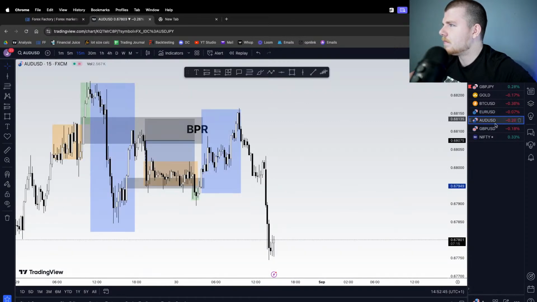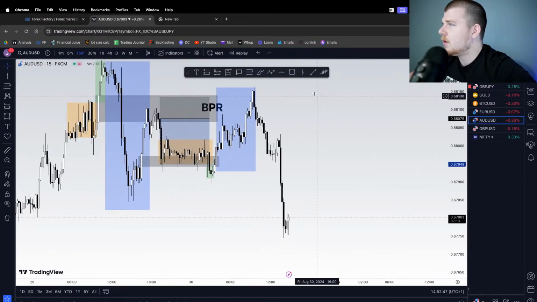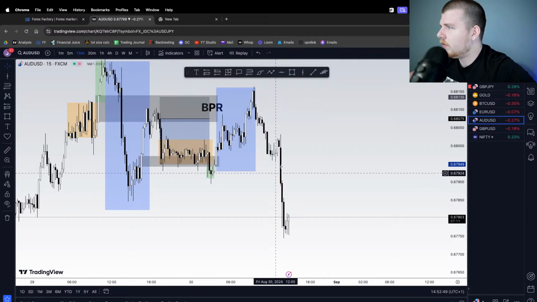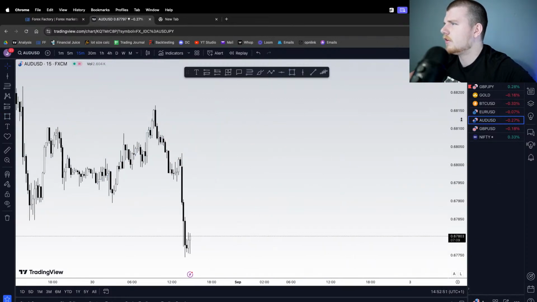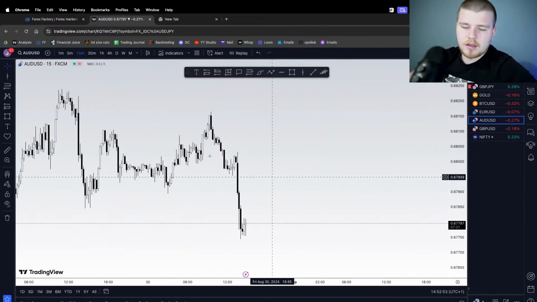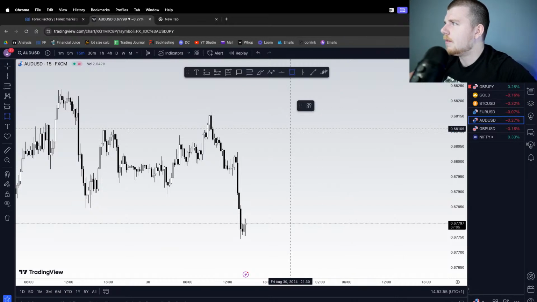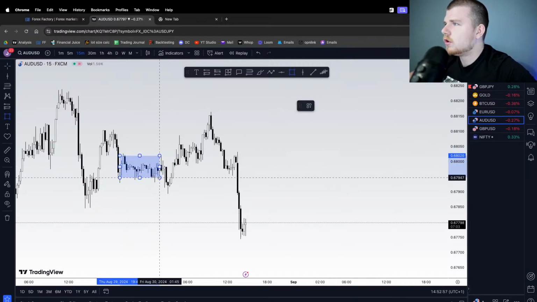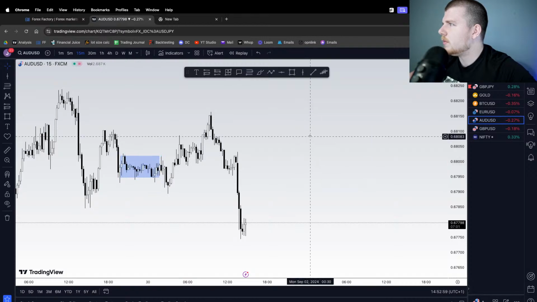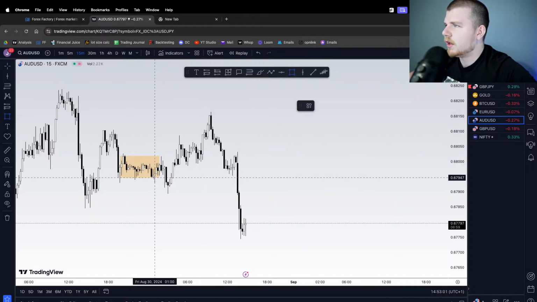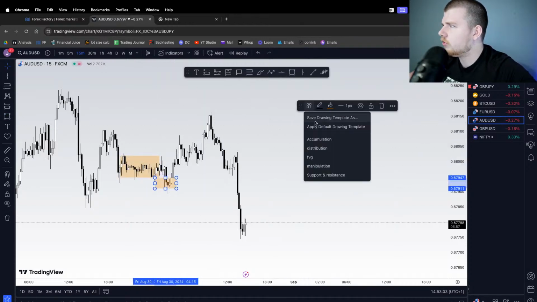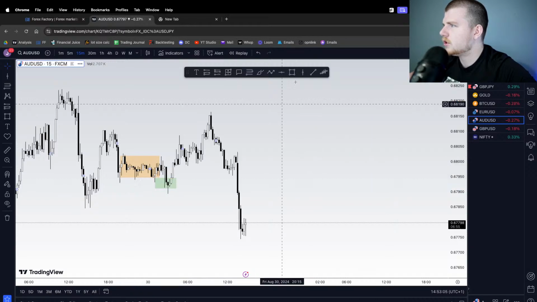AUD USD looking to cool down again. We've got a lot of fair value gaps here. What we're going to do is get rid of this analysis and basically just put in the AMD we were looking at before. So using AMD, we've got our accumulation, we've got our manipulation, haven't we, guys? And then we've got our distribution to the upside.